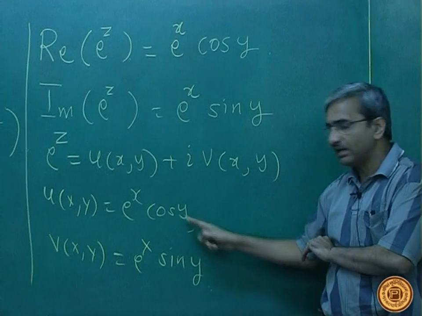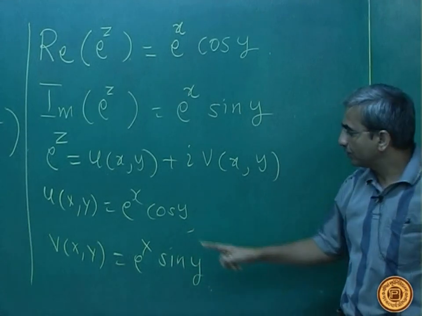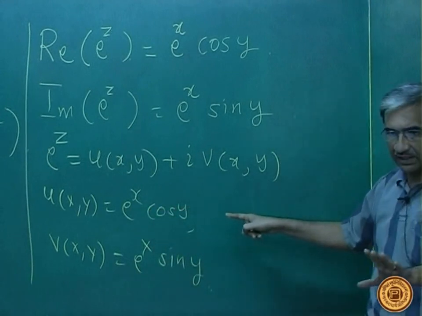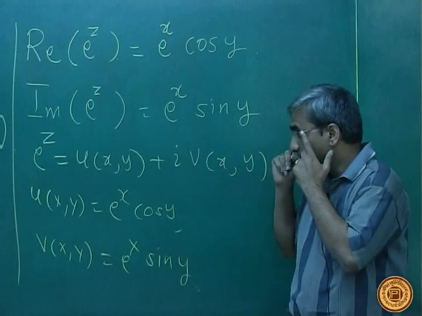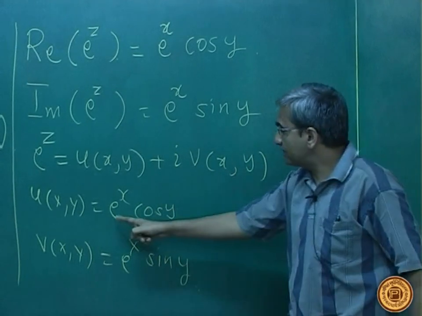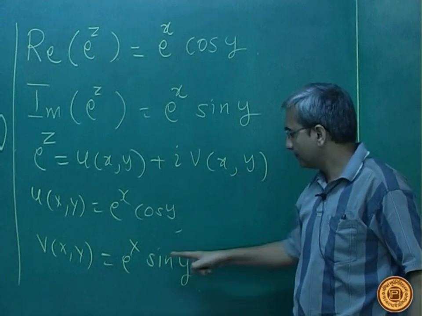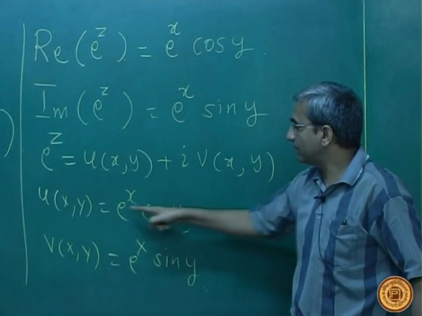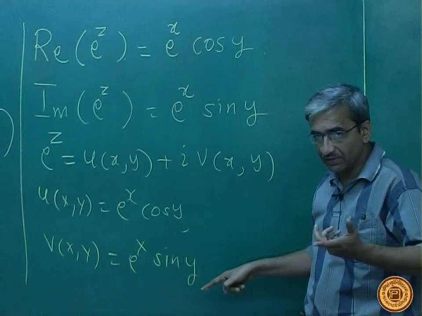Cos y, sin y, where y is also real, so these are real trigonometric functions. So we know for so many years these functions, exponential and trigonometric, are real functions. So e to the power x cos y is a differentiable function. In fact, the first order partial derivatives of these are continuous. So it is continuously differentiable.